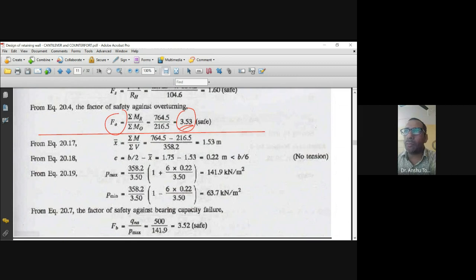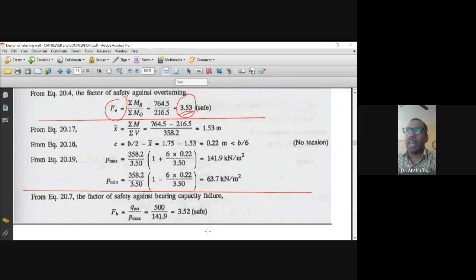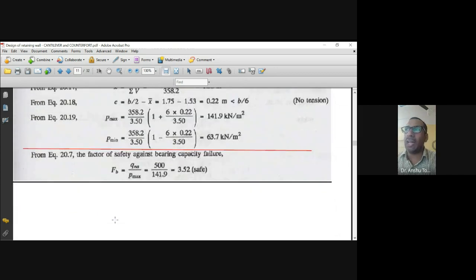Everything is given to us. We have to just put the value into this formula. यहां पर आपका P max और P min लेफ्ट और राइट साइड में निकल के आ जाएगा. बट अगर आपको आगे बियॉन्ड इसके कैंटिलीवर वॉल डिजाइन करने को भी बोला है, so after that beyond this the design process goes on.